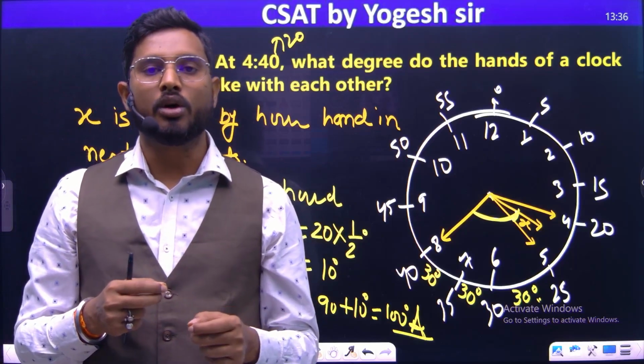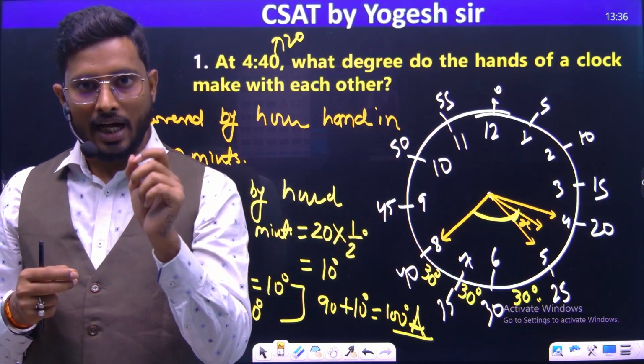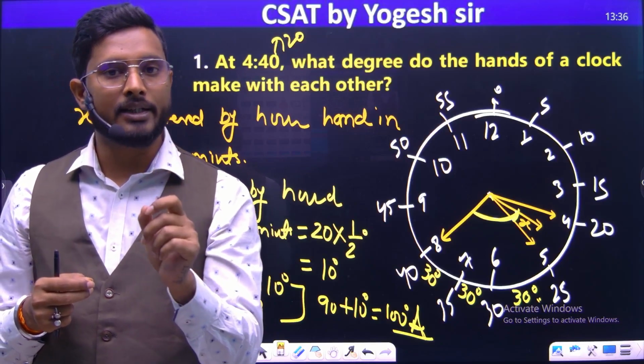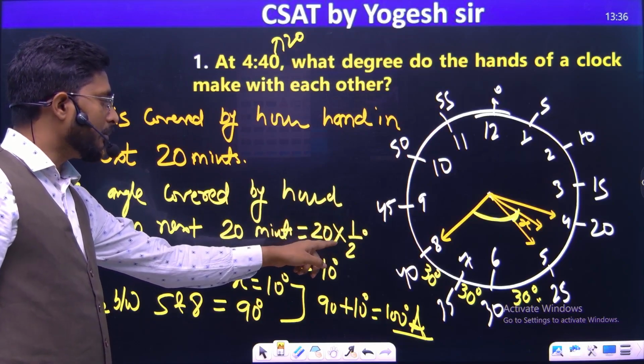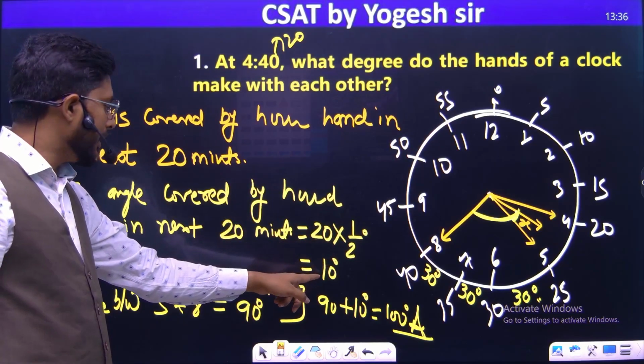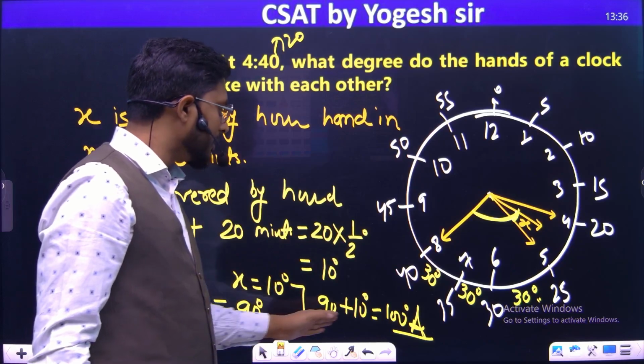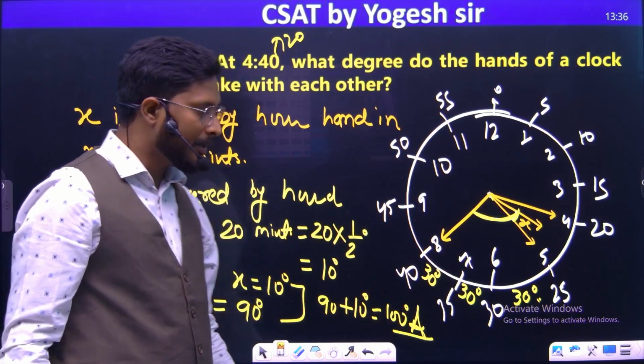If 1 minute is half a degree for the hour hand, then 20 minutes is 20 multiplied by half, that is 10 degrees. So the answer is 90 plus 10, 100 degrees.